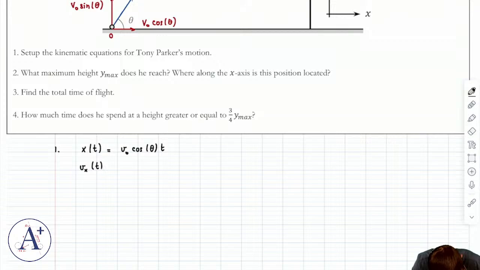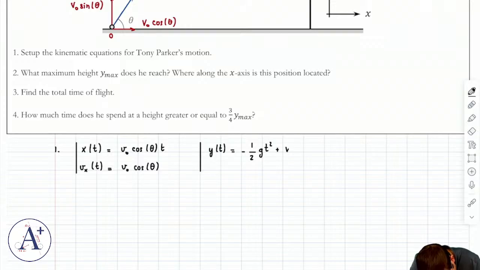Vx of t is going to be v naught cosine theta. And y of t is going to be minus 1/2 g t squared plus v naught sine theta t.